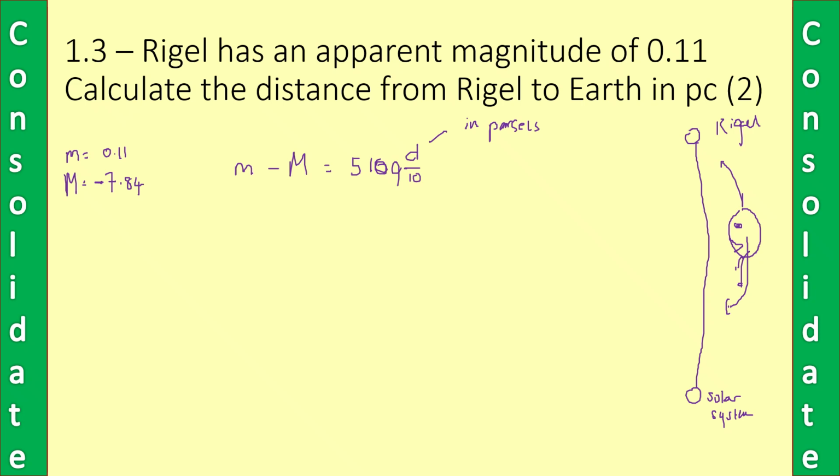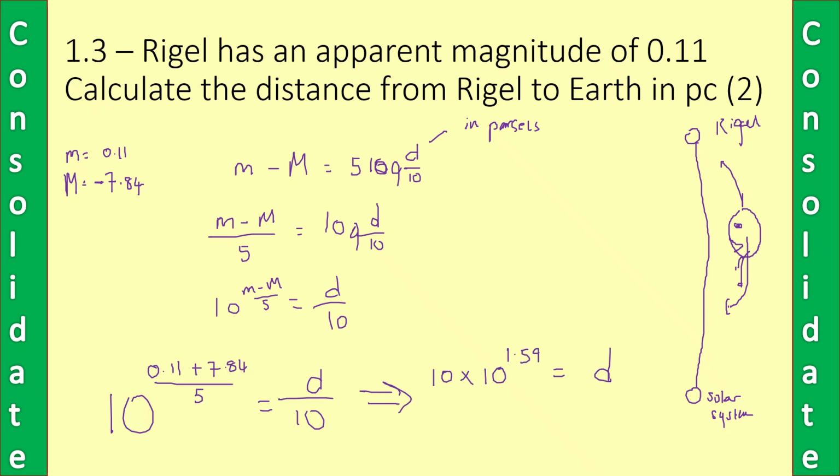Okay, so firstly, if we bring the 5 down, we get to here, and then we want to get rid of this log. So if we do 10 to the power of m minus M over 5, that will give us d over 10. So I'm just going to do all that. I'm just going to pause and come back to this when I've written it out.